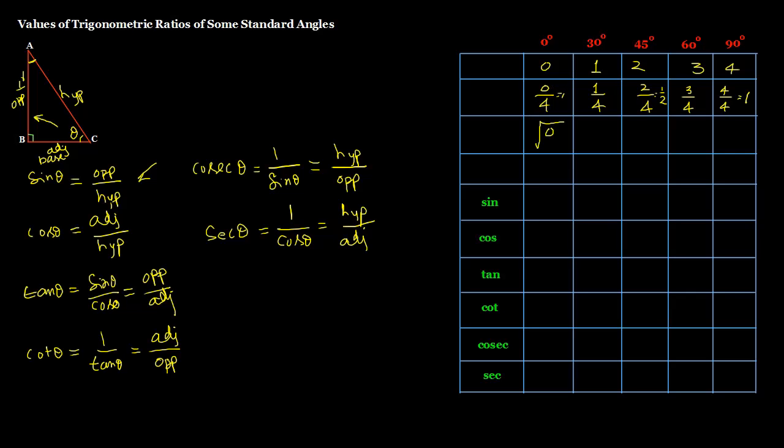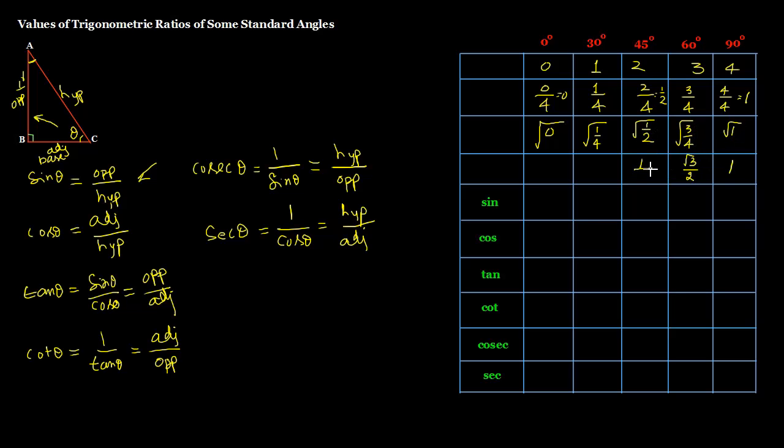This is 0, so that will be 0. Square root of 1 by 4, square root of 1 by 2, square root of 3 by 4 and square root of 1. Square root of 1 is 1. Square root of 3 by 4 is square root of 3 divided by square root of 4. Square root of 3 stays as is. Square root of 4 is 2. Square root of 1 is 1.